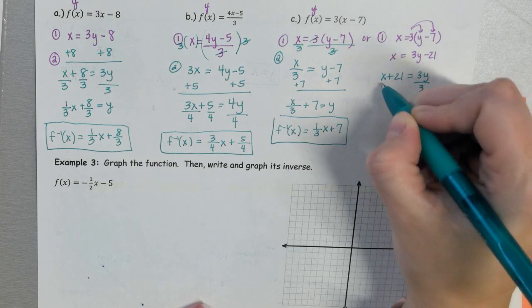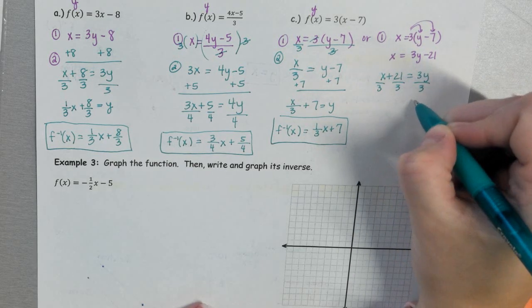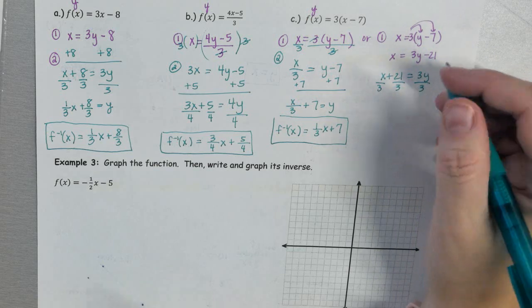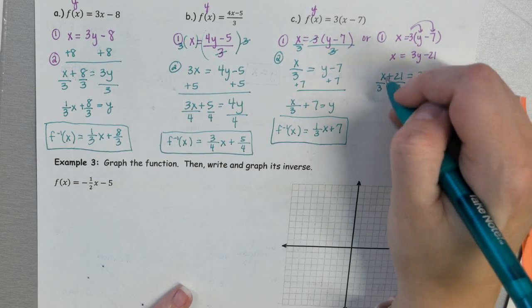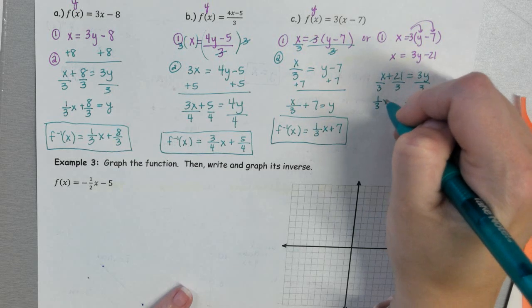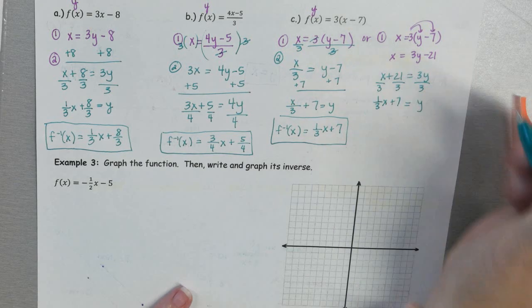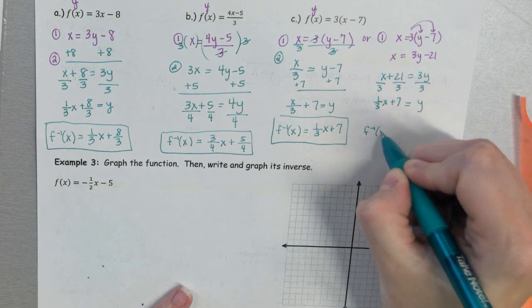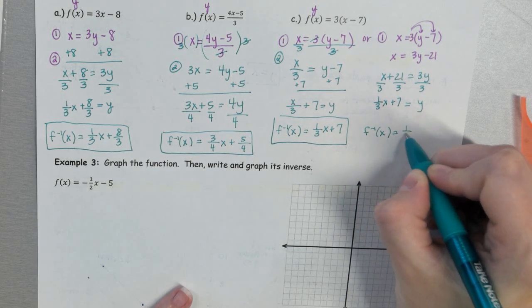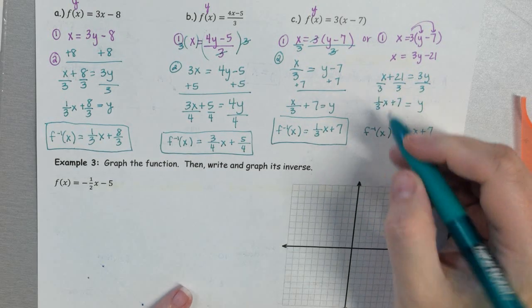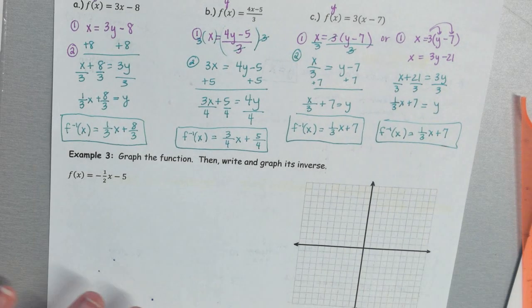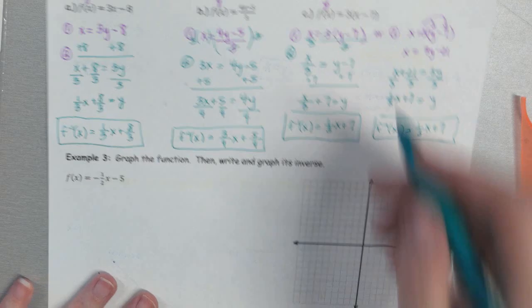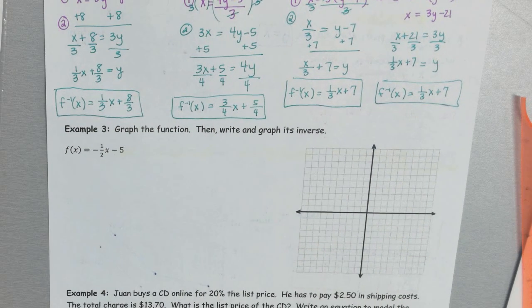Now when you divide by 3, make sure you divide them both by 3. And then you are going to simplify. So this is 1/3 x, 21 over 3 is 7, and then your final answer has to have that inverse notation. Well, I guess I didn't have to write that again, same thing, right? So either one of those methods are fine.